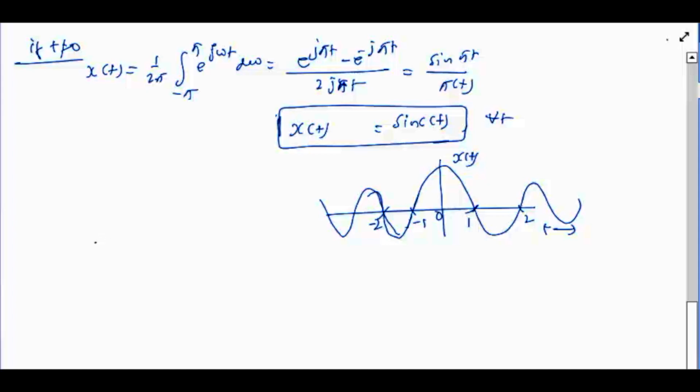Okay. Now in below we will use the following convention. If x(t) and capital X(omega) are a signal Fourier transform pair, that is X(omega) is the Fourier transform of x(t) and x(t) is the inverse Fourier transform of X(omega), we will denote it as follows.